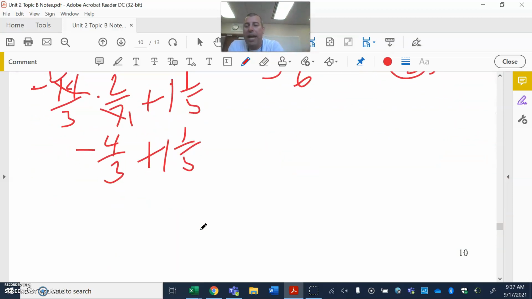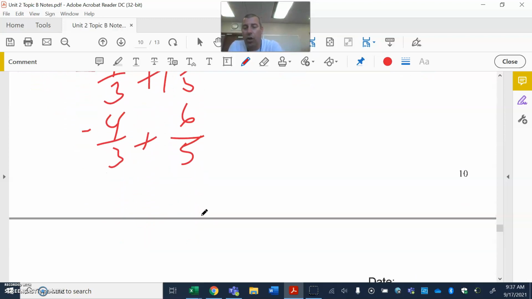All right, so improper fraction-wise, 5 times 1 is 5, plus 1 is 6. I got a 6/5. Common denominator, 15. So let me get those guys down. I'm going to multiply by a 5.